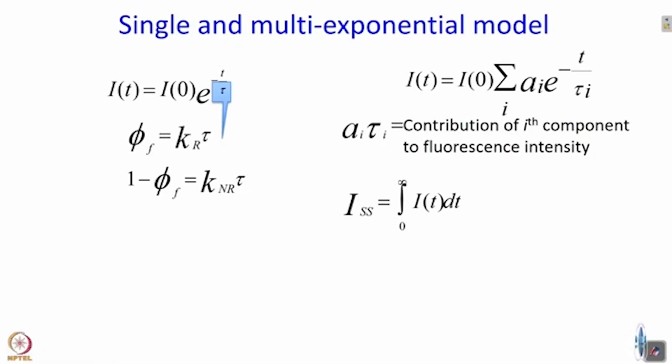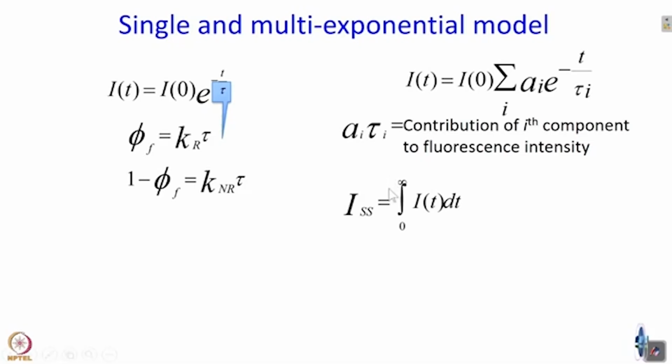See, when we talked about a single exponential decay, we could easily correlate the quantum yield, which is a measure of steady state intensity, with lifetime. Can we do some such correlation in case of multi-exponential decay? Let us see.